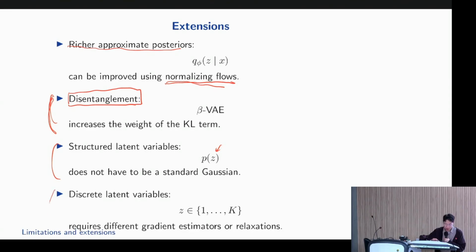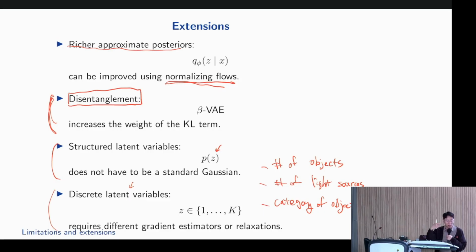Another extension is, how do we deal with discrete latent variables? So for head pose, smile, that's continuous, but there are certain latent factors of variation, like number of objects, number of light sources, category of object. These are all inherently discrete factors of variation, right?